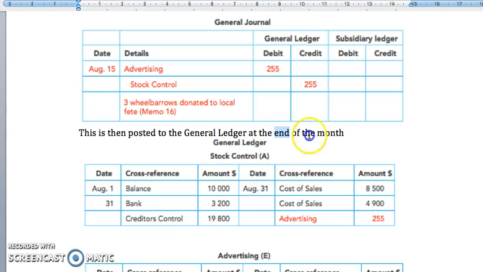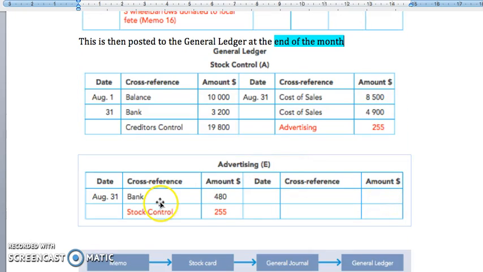Always make sure this is at the end of the month. So in our general ledger, we're not going to see anything other than the first and the last day of each month. Advertising has gone up, the advertising expense, therefore it needs to be debited. As a result, the credit as a result of this debit is at stock control, so therefore that is our cross-reference.